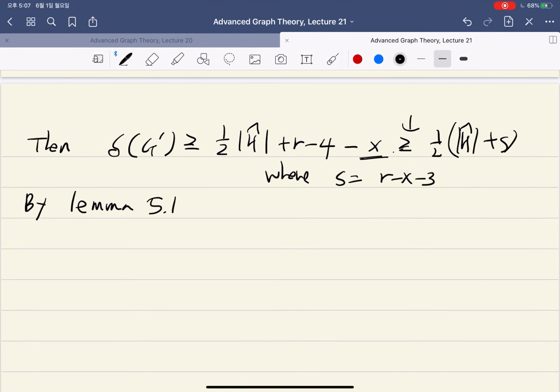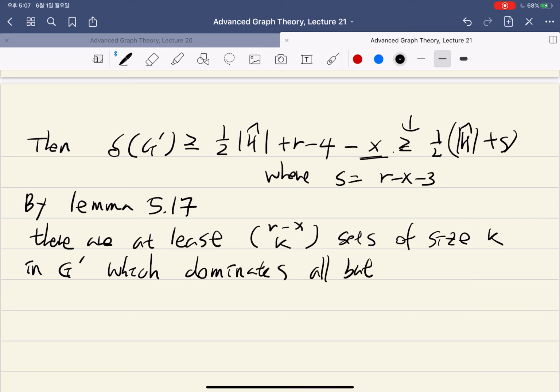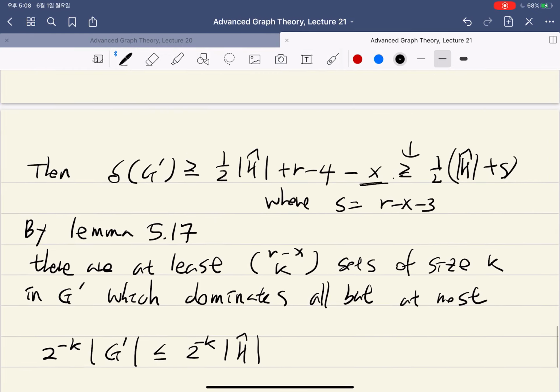So we can actually show that there are at least r minus x choose k many sets of size k in G prime, which dominates all but at most 2 to the negative k times the number of vertices in G prime, which is 2 to the minus k times the number of vertices in H hat.